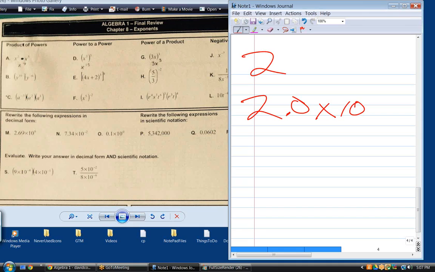No, 10 to the first would be 10. Yeah, 2 times 10 would be 20. So it's got to be 10 to the 0. You see why? Yeah. In other words, we want to multiply this 2.0 times the number 1 to get the same thing that we started with.